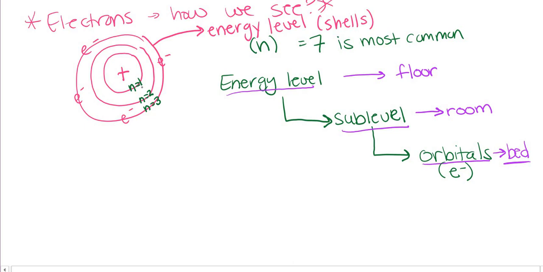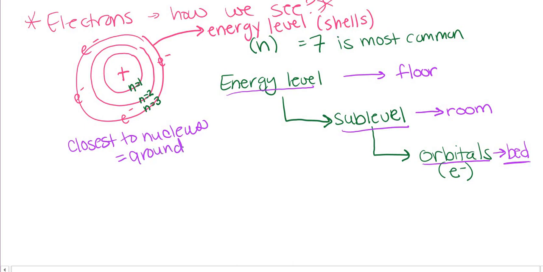So within each energy level, I just want to go through some of the letters again. We have n equals 1, 2, and 3. Remember, the letter variable n represents our energy level. The energy level that's closest to the nucleus is what we call the ground state.